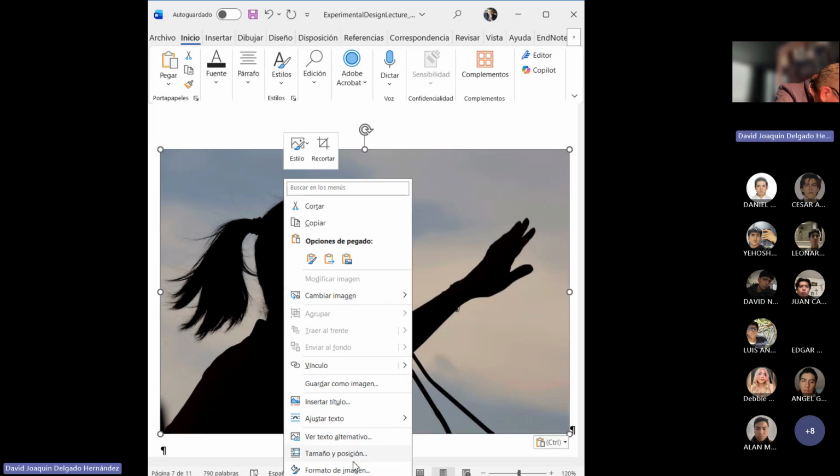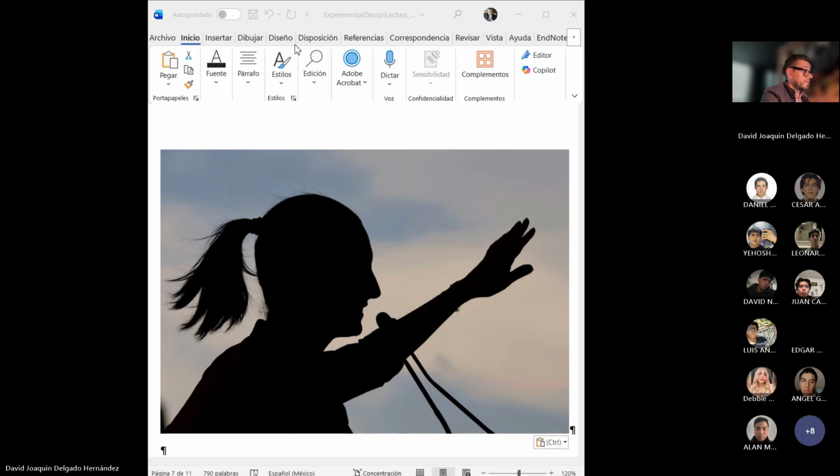How can I have a mirror of this image? Let me see. Let me see if I can do it.